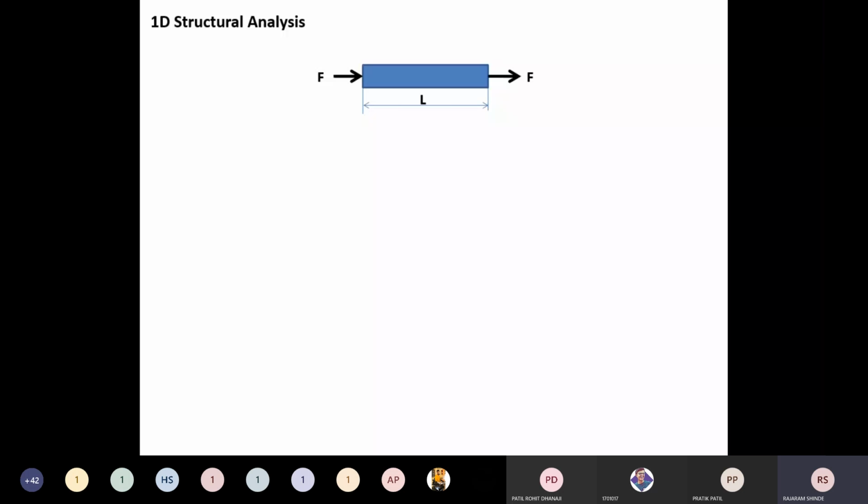The second type is a two-dimensional geometry or two-dimensional element. If the dimensions of the geometry in two directions are big compared to the third dimension, for example the monitor of a laptop or desktop, it has two dimensions bigger compared to the third dimension, that is, the thickness.